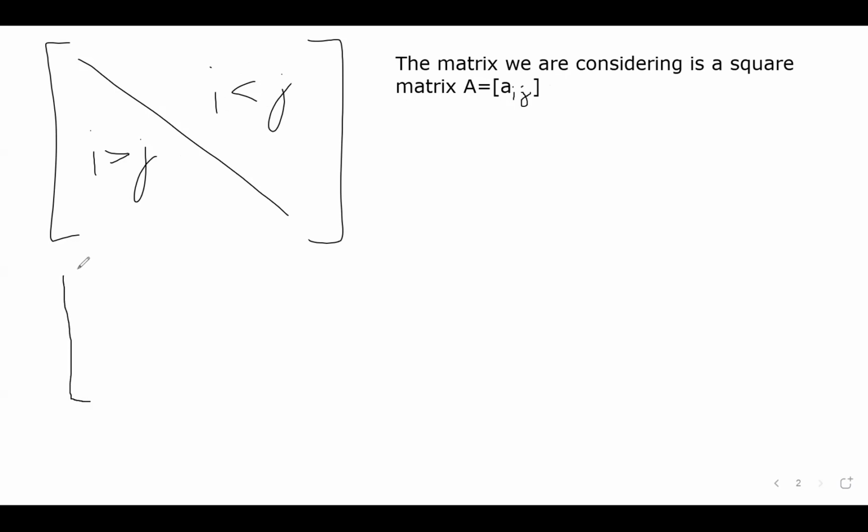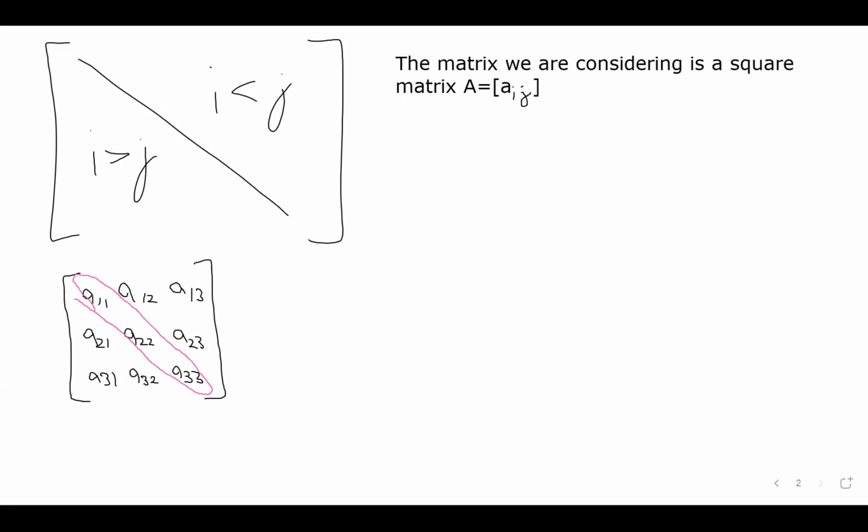So if you were to look at a 3x3 matrix, a11, a12, a13, a21, a22, a23, and a31, a32, and a33, then this is the main diagonal.